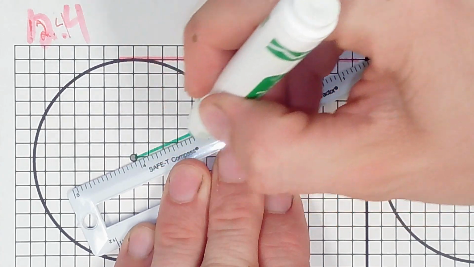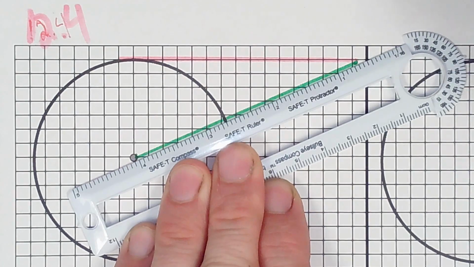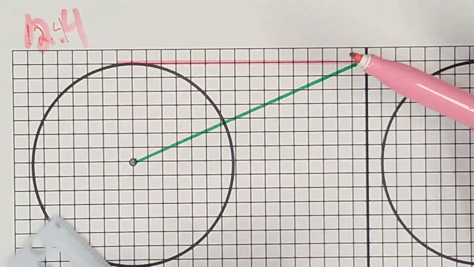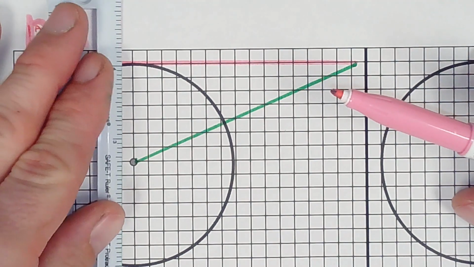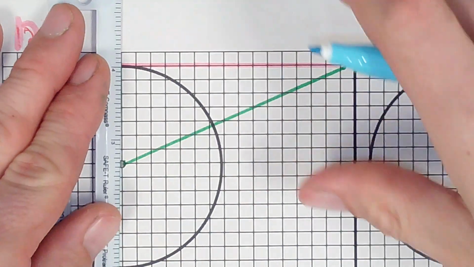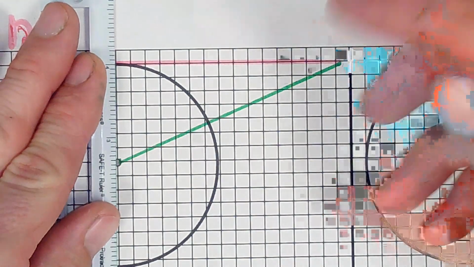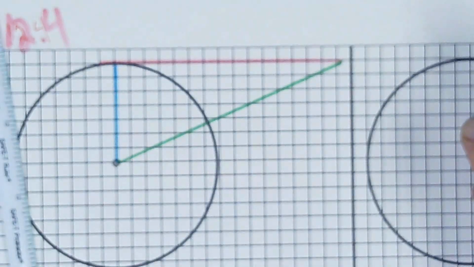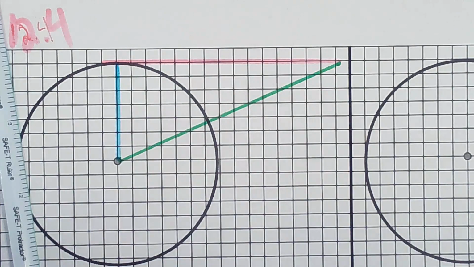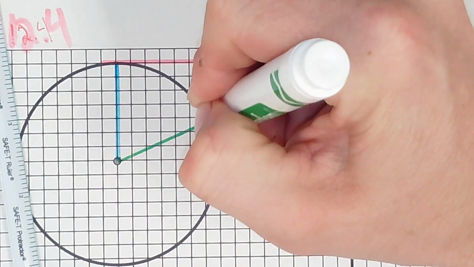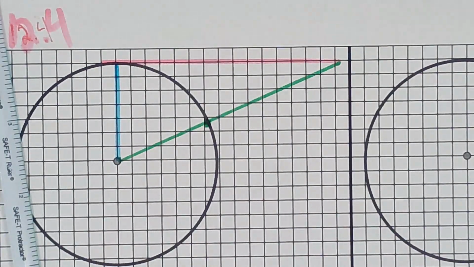And then the other leg of our right triangle is the radius. But you may notice that a part of our hypotenuse is the radius as well.